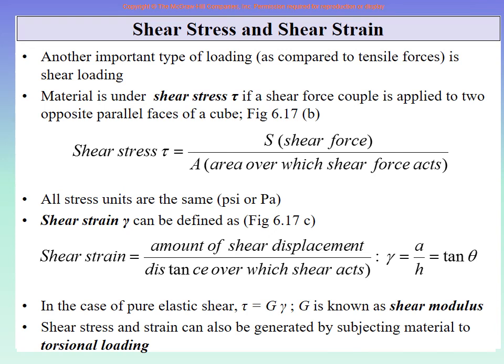Now, the second question is what different types of loadings did you study there? You had tensile load, compressive load, shear load, torsional load, bending. If you see, the whole course is finished. Tensile, compressive, shear, bending, torsional. Now, tensile and compressive have one common name.